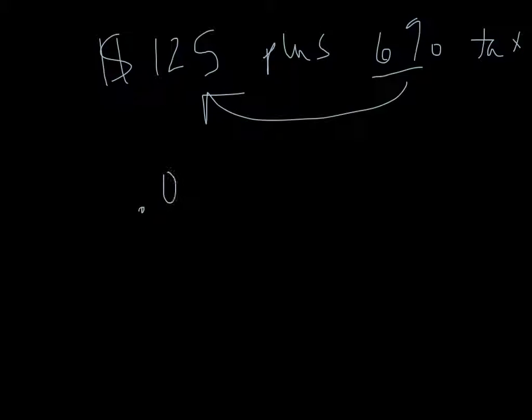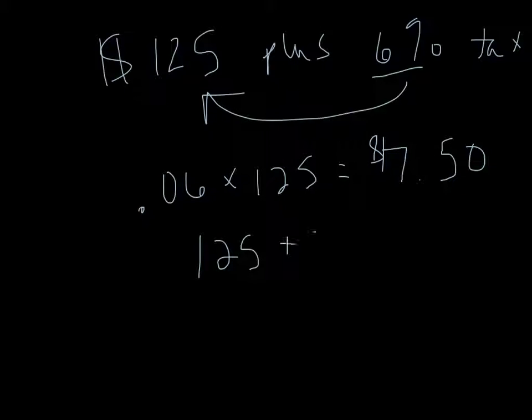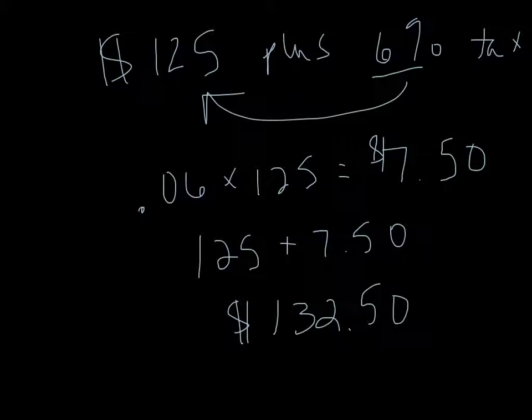So we would do 0.06 times 125, and that is $7.50. So your final total would be $125 plus $7.50 for a total of $132.50. Okay, sales tax is really that basic.